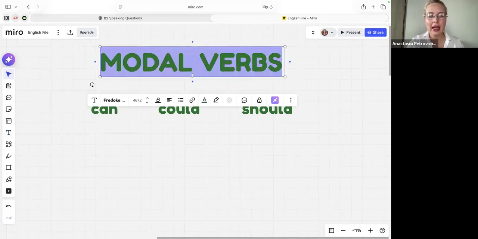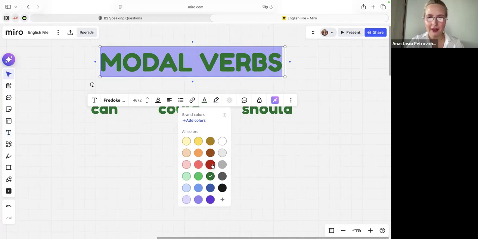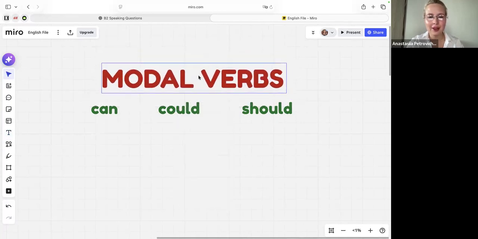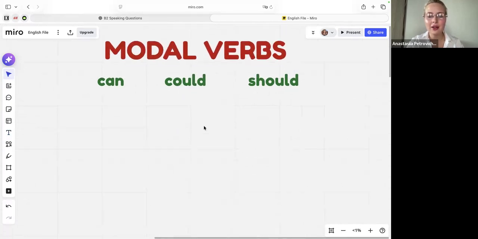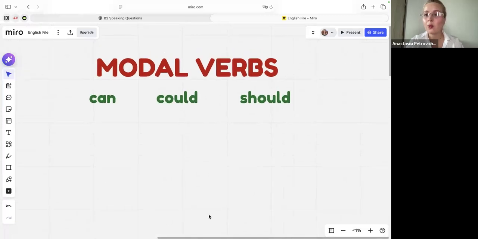Because depending on which modal verb you use with the same verb, for example, speak or sleep or run, the meaning of the sentence will be different. That's why we are discussing that today.